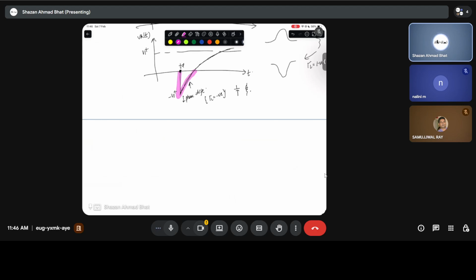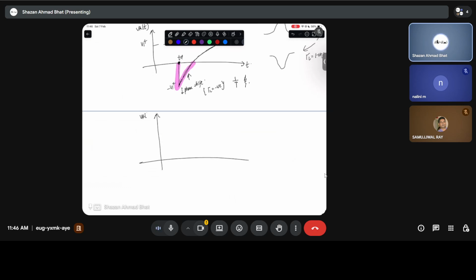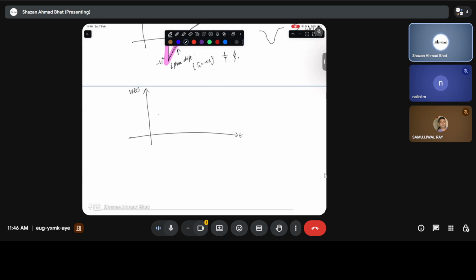Now, this particular behavior, if it happens with the capacitor, you can do a similar analysis, and if you draw Vr of t as a function of time for an inductor, you will get a peak pulse like this, which is a spike.